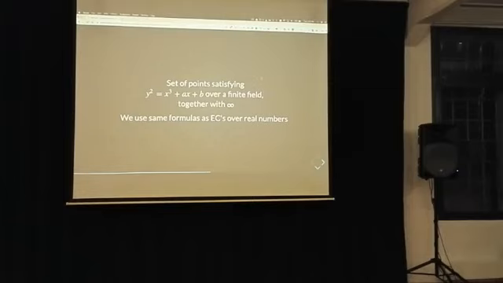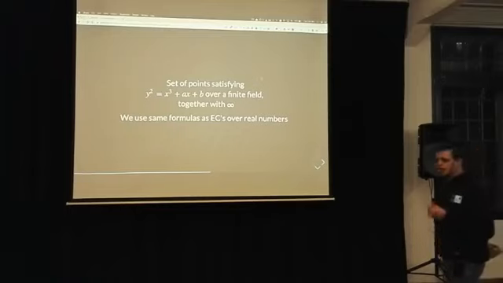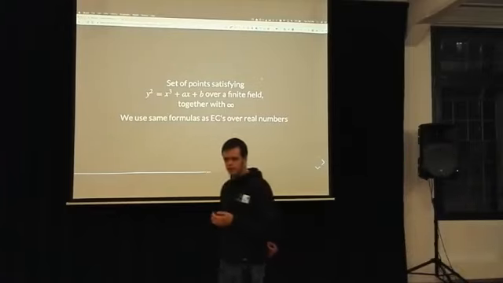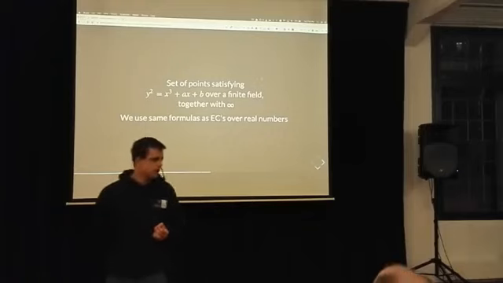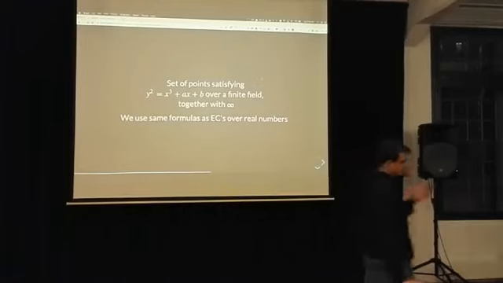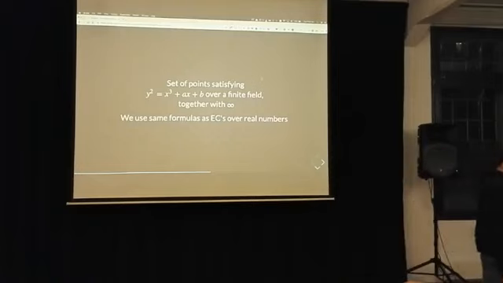And we're going to use the same formulas as elliptic curves over real numbers. So far, all the elliptic curve operations we saw had geometric intuition behind them. Turns out all of that can be done algebraically as well, and that's what computers use. We're going to just take those formulas. They're not that difficult. They're actually very easy. It's like high school algebra. I just don't have time to put it in here.